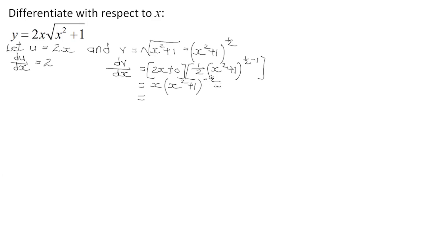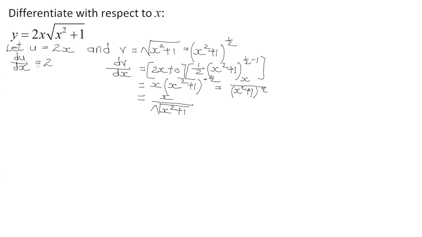So this gives you further here x over x squared plus 1 to the power a half. No fractional powers, x over the square root of x squared plus 1. Please, people, remember these no's. No negative, no fractional powers. Now I've solved du/dx and I've solved dv/dx.